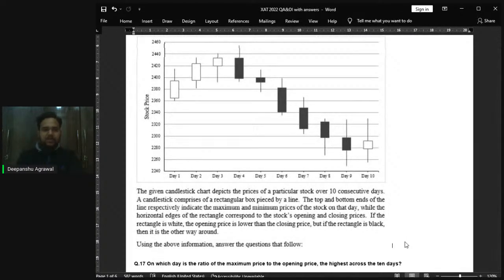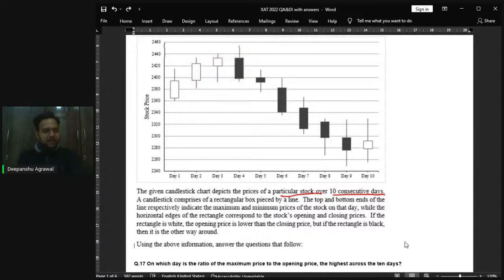So this data is about a particular stock over 10 consecutive days. This one and this one and this one, this is called a candlestick.